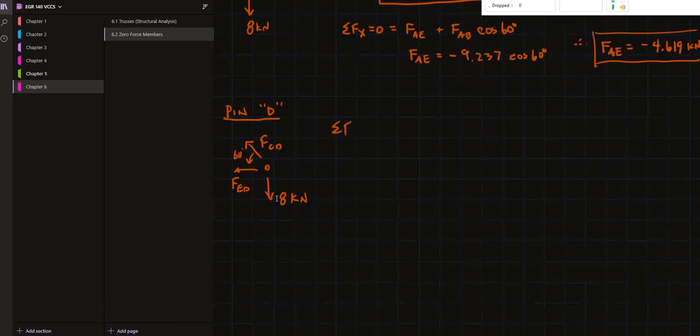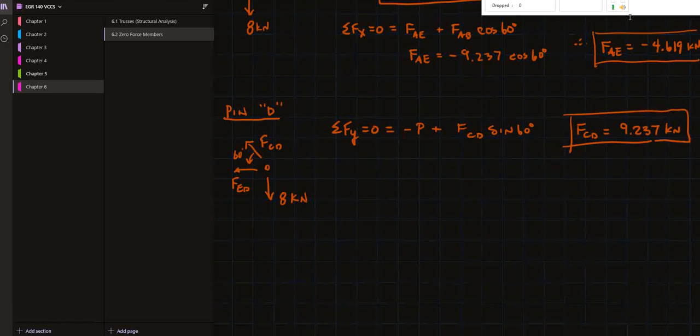So sum of forces in the y equals 0 equals minus P plus F_CD sine of 60 degrees. So therefore F_CD is going to turn out being 9.237 kilonewtons.